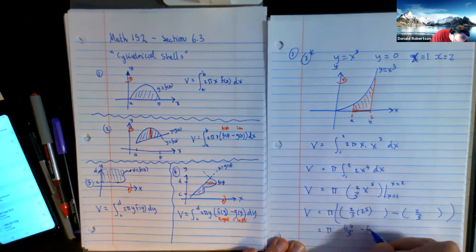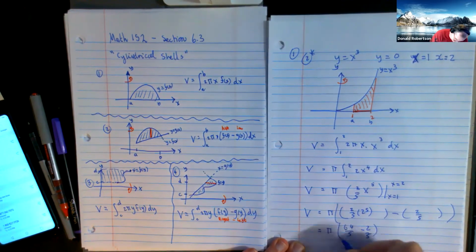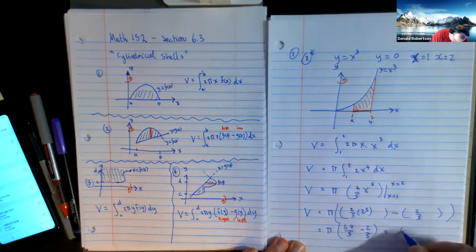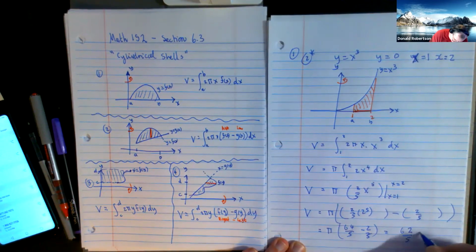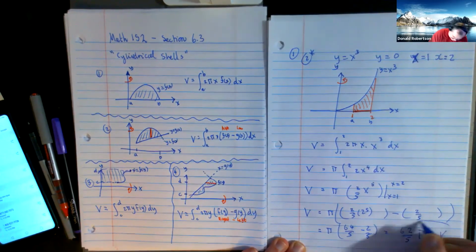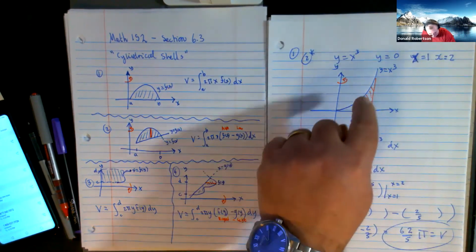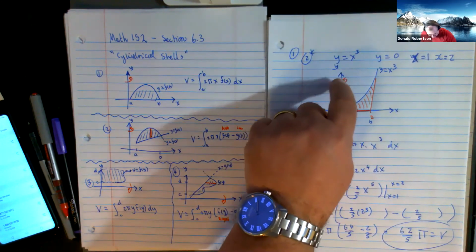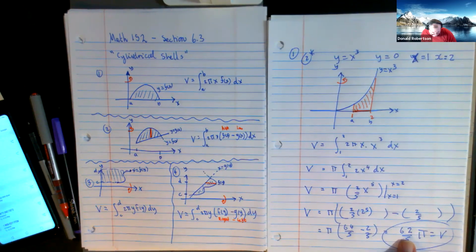Take away 2/5. And I believe that is 62/5 pi. We are finished. If you rotate this shape about the y-axis, the volume of that shape will be 62/5 pi.